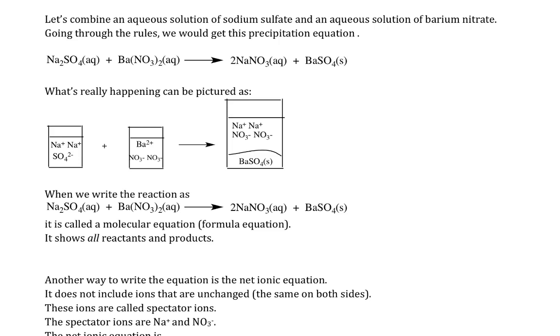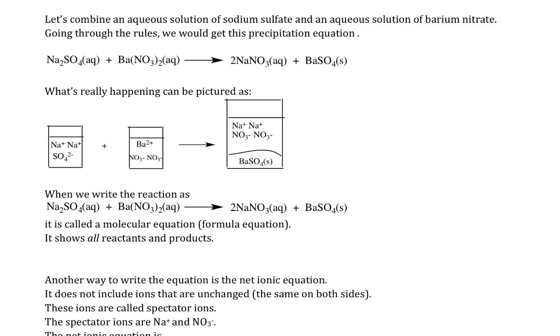Looking at more details of what's really happening, we can picture it with our beaker representation. The Na2SO4 aqueous, we would write Na+, SO4 2-. We're keeping the ratio. We have 2 Na pluses for every SO4.